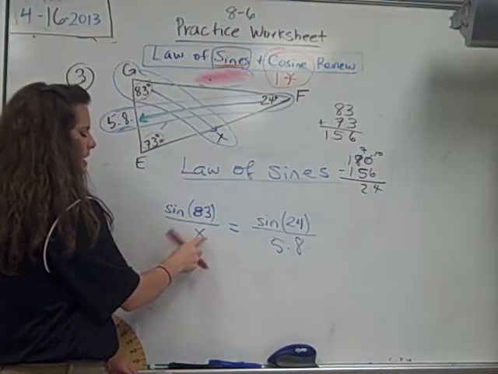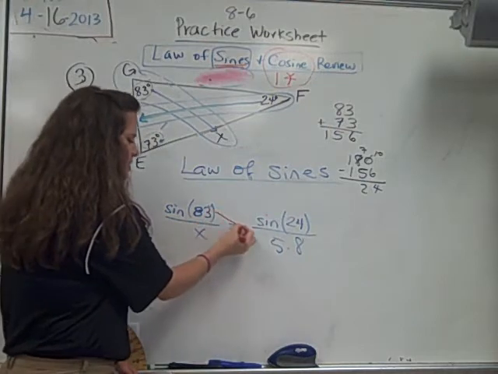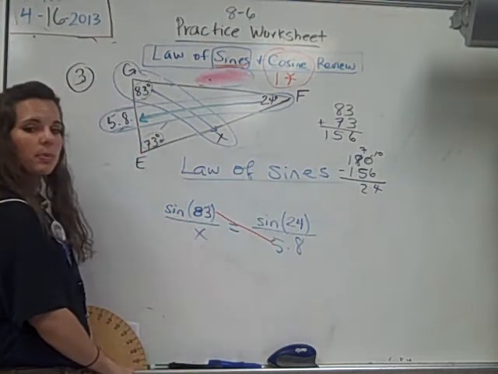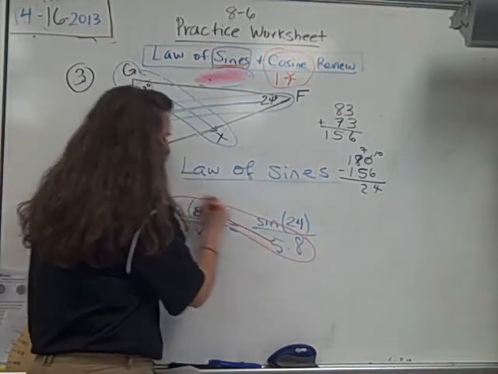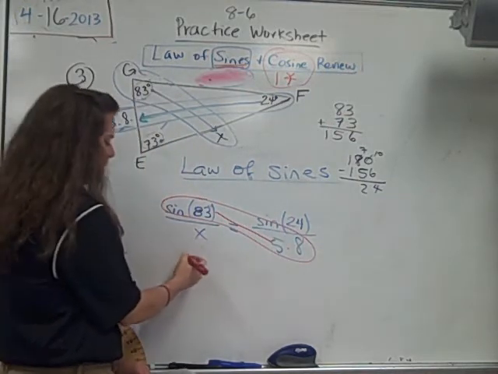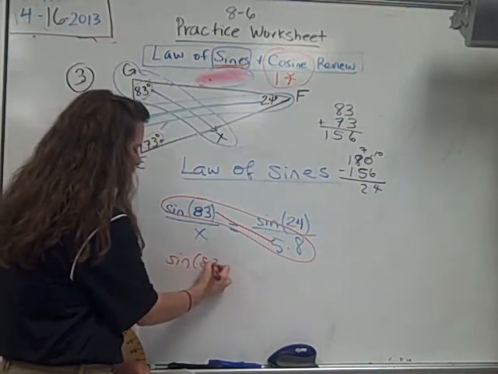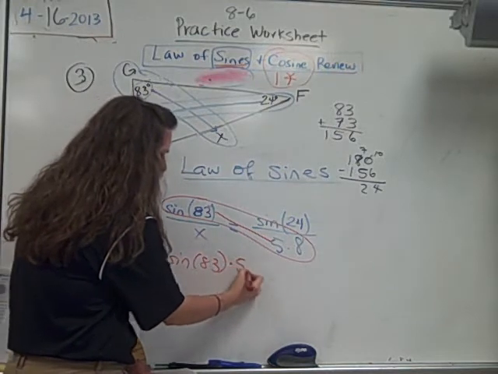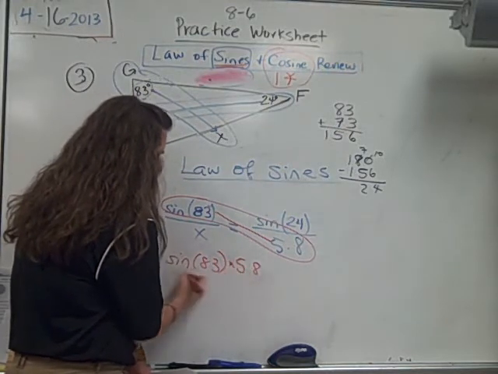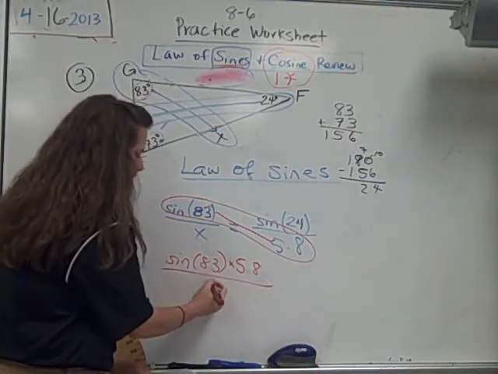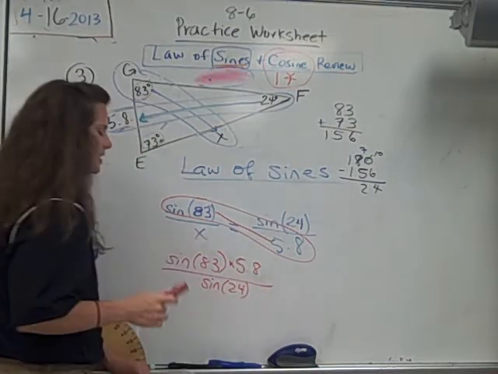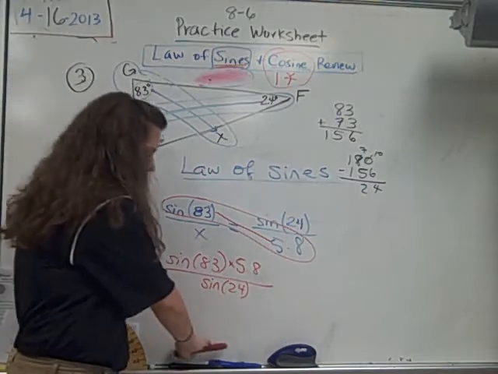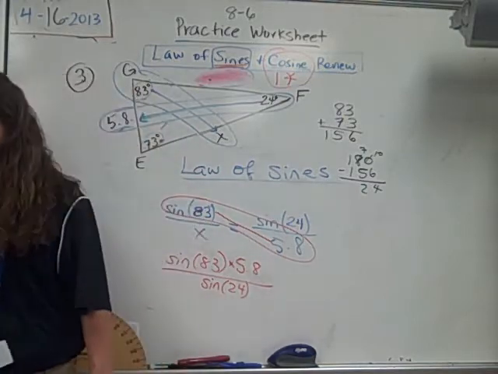Your x is located here, so we can take the other cross product and solve this proportion. Sine of 83 times 5.8, multiply there. Whatever that gives you on your calculator, just punch this in. After you hit enter, we're just going to divide by that other thing that's across from x. So this is just a proportion setup.